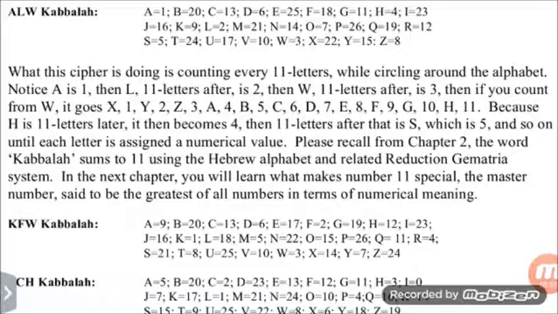Then 11 letters after that is S, which is 5, and so on until each letter is assigned a numerical value. Please recall from Chapter 2, the word Kabbalah sums to 11 using Hebrew alphabet and related reduction Gematria system. In the next chapter, you will learn what makes number 11 special, the master number, said to be the greatest of all numbers in terms of numerical meaning.